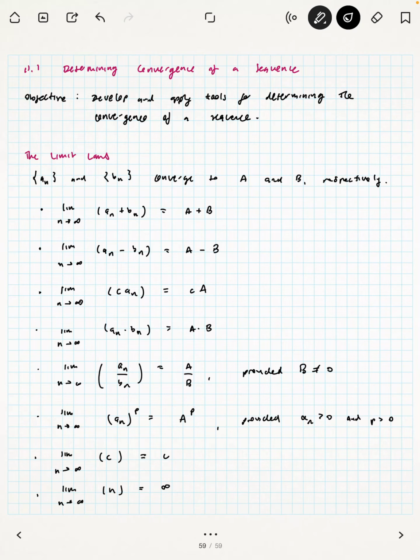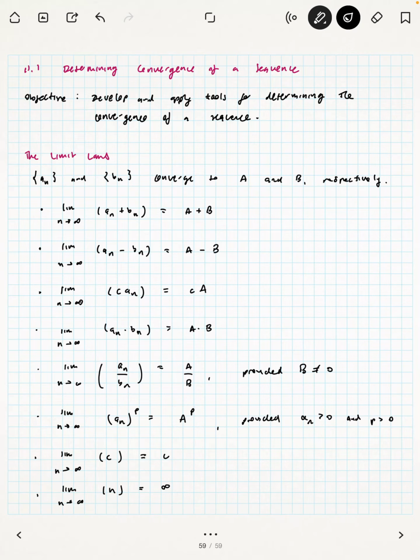So the sequence that is just 1, 2, 3, that doesn't converge. It diverges. Okay. So with this list of limit laws, we develop everything else. From these, we're going to be able to redevelop some of the usual intuition that we have about when a sequence converges.